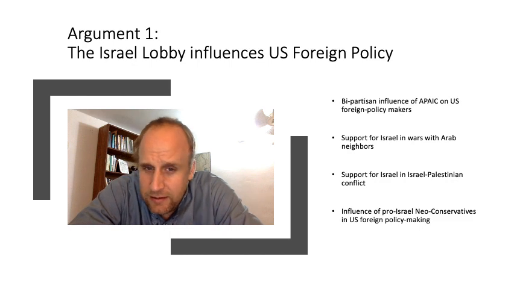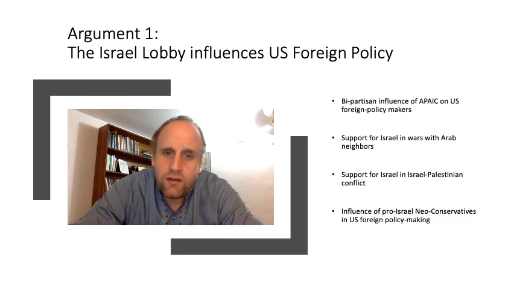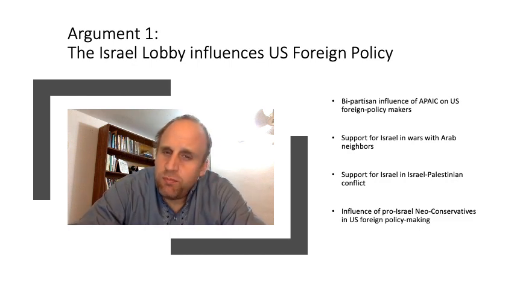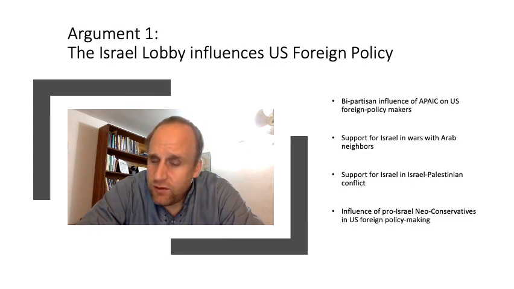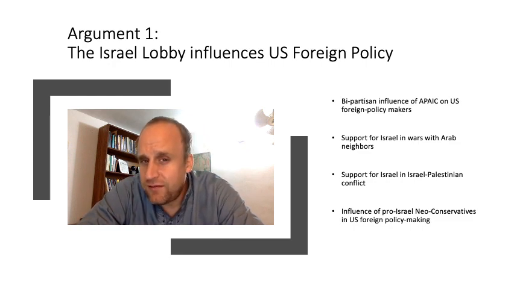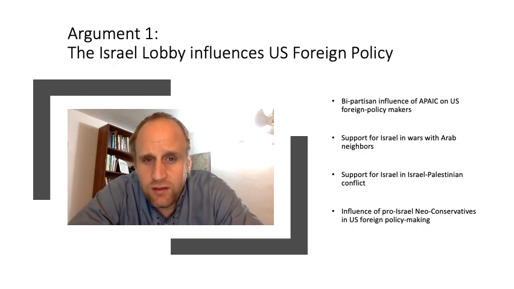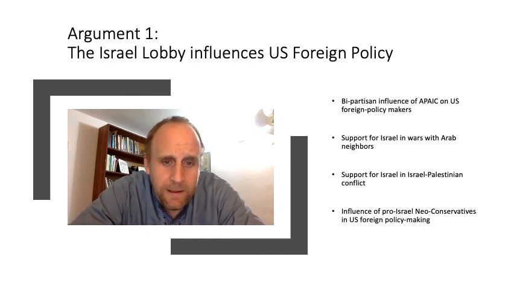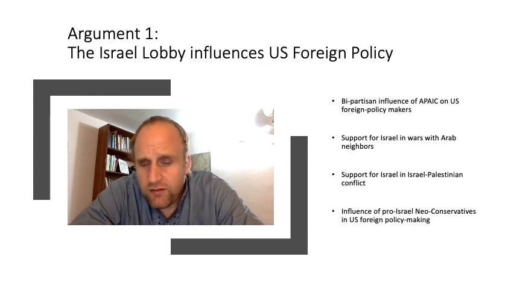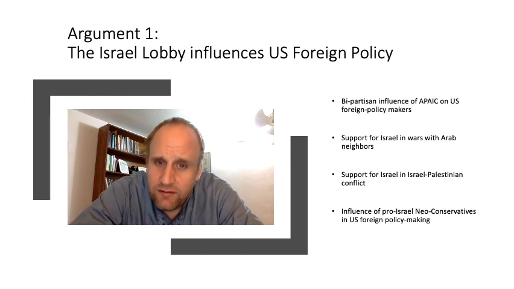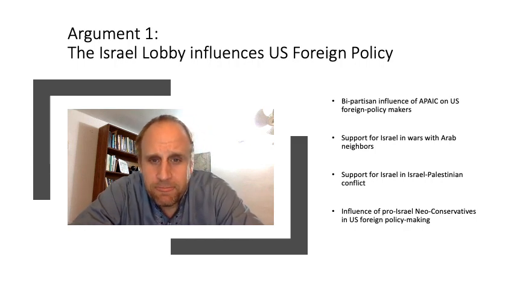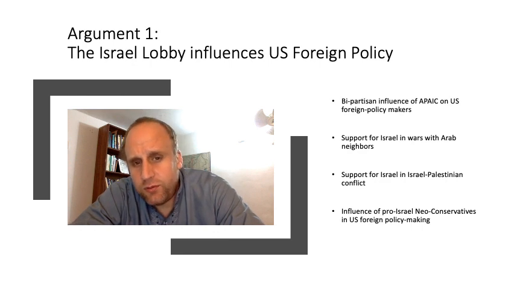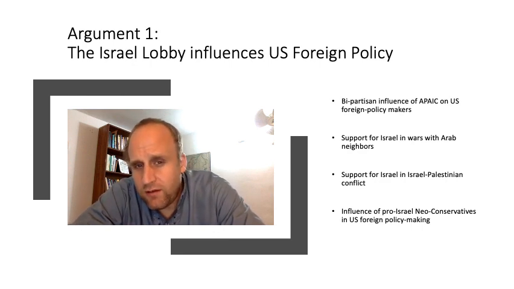Secondly, according to this argument, America has supported Israel in its conflicts with its Arab neighbors, even against its own interests. So, for instance, in 1973, in the Yom Kippur War, America supported Israel, even though that led to a decision by the oil-producing states to cut production and make oil very, very expensive.